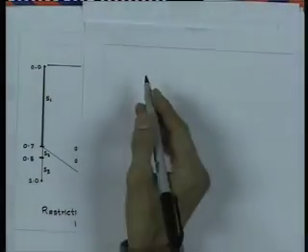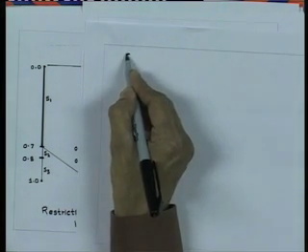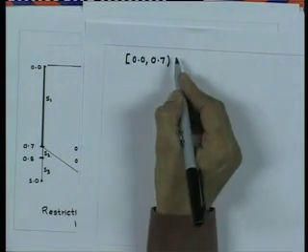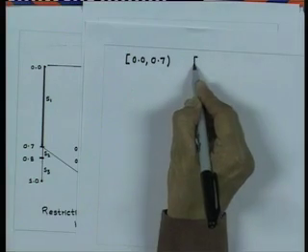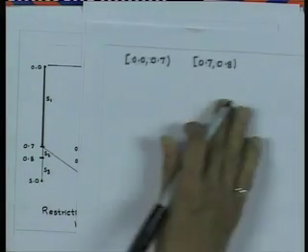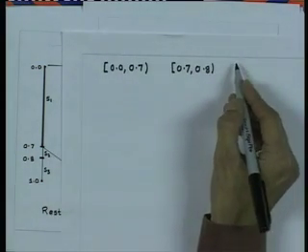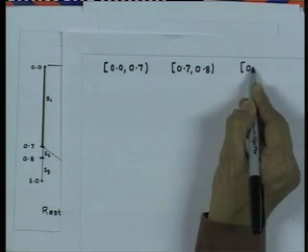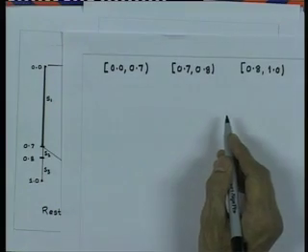If the first symbol is S2, then the tag will lie in the interval 0.7 to 0.8, and if the first symbol is S3, then the tag will lie in the interval 0.8 to 1.0.